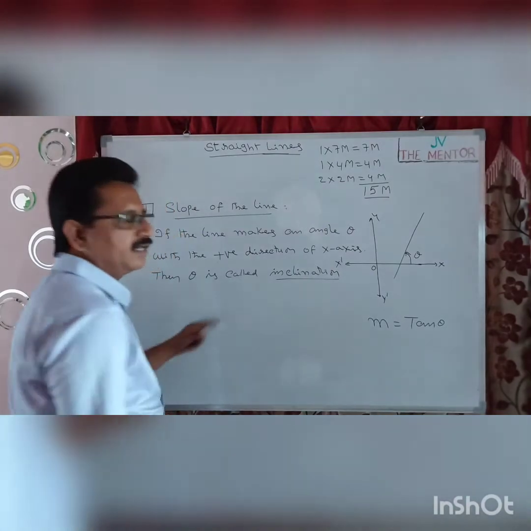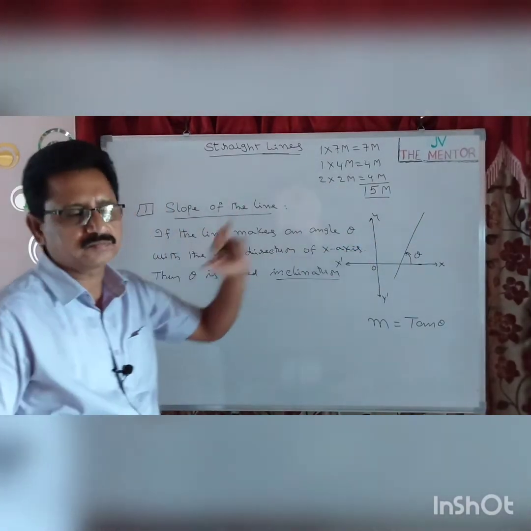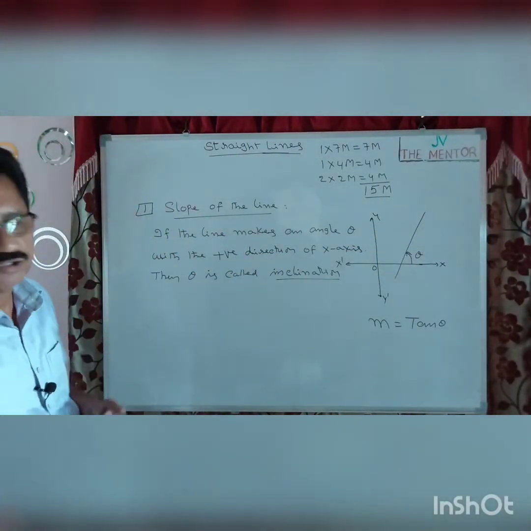Theta is called inclination of the line and tan theta is called the slope of that line.